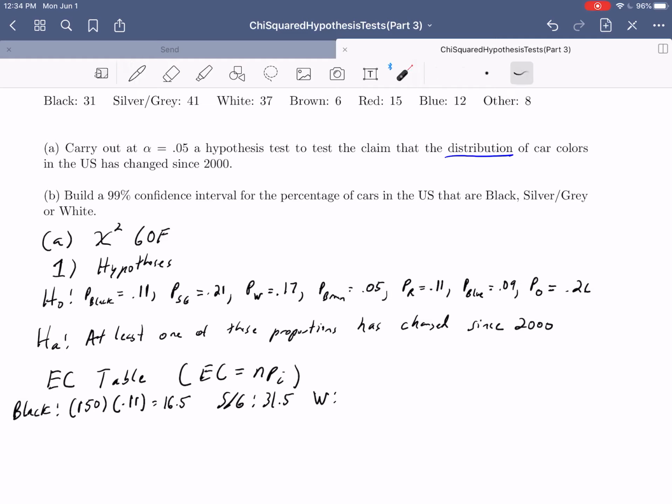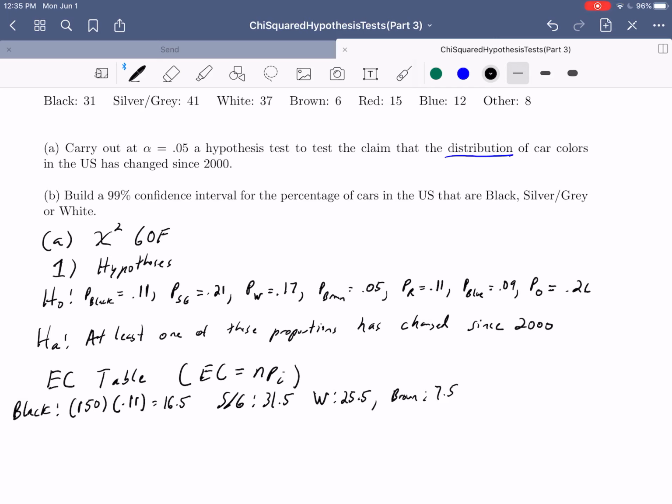The n is never going to change because that's our sample size, but the proportion is going to be 0.17 now, so 150 times 0.17. So that's going to be 25.5.